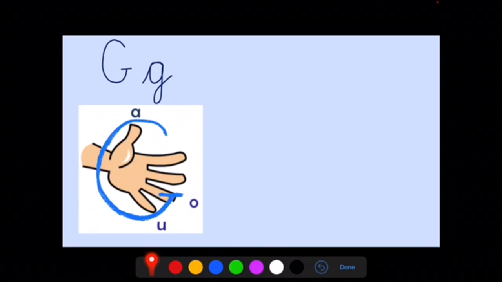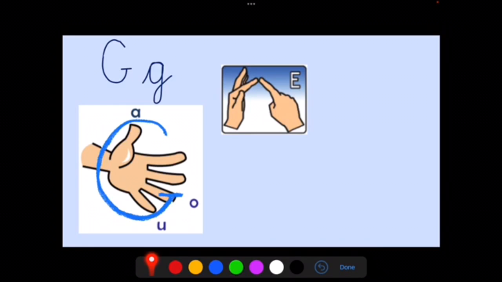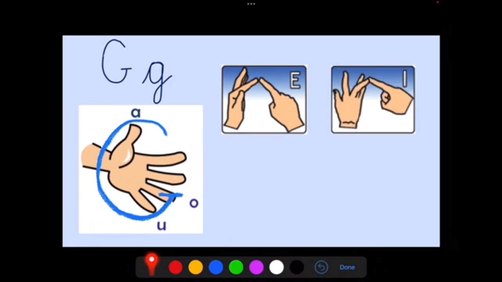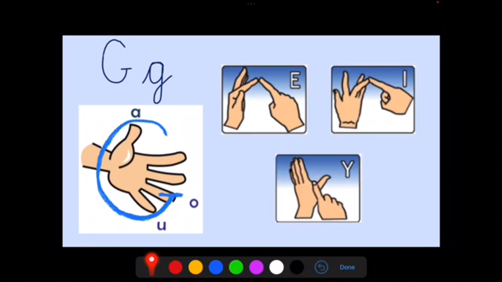We would say G if a G, and there we have a capital G, was followed by A, U, and O, and we would say J if it was followed by E, I, and Y. And we could do finger spelling, tapping that first finger and then the finger next to it for E and I. Turn your hand over and place your finger to make the downstroke of the Y.